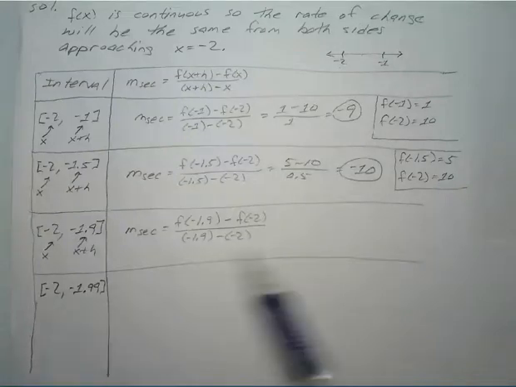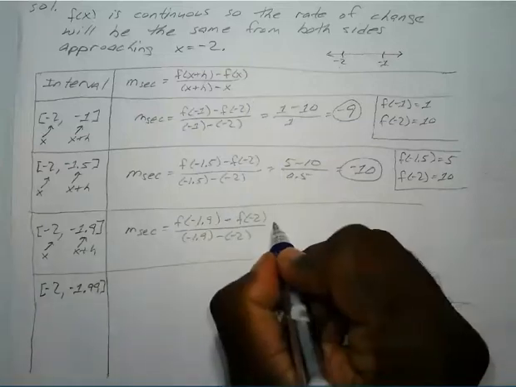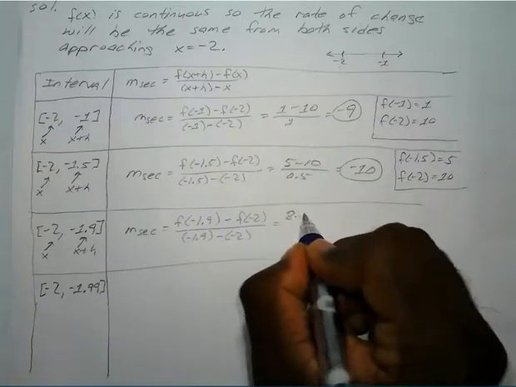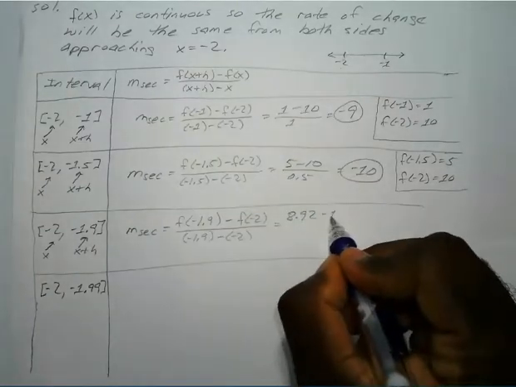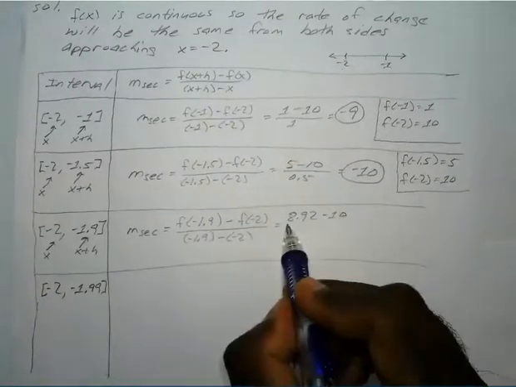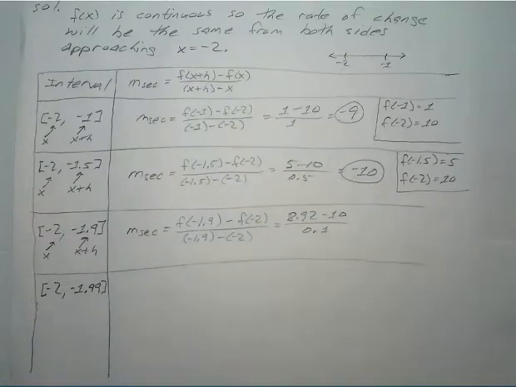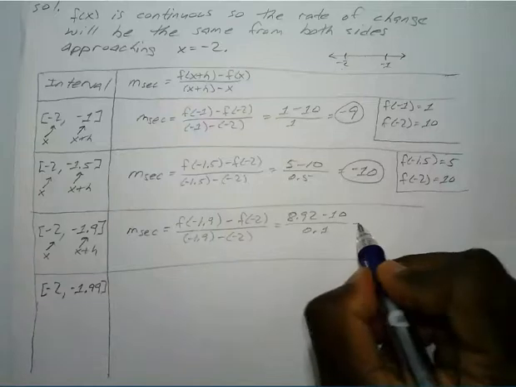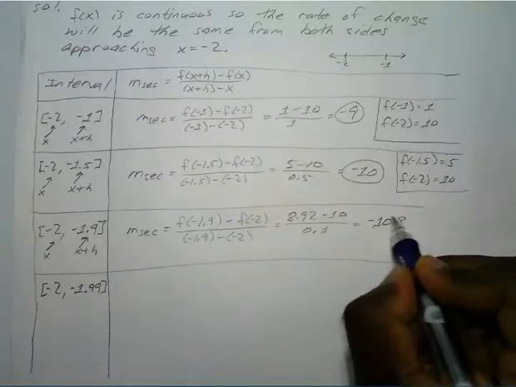Okay, so if you go ahead and plug negative 1.9 into your function, you'll end up with about 8.92 minus 10 for your f of negative 2 all over 0.1, and that would actually average out to be about negative 10.8.